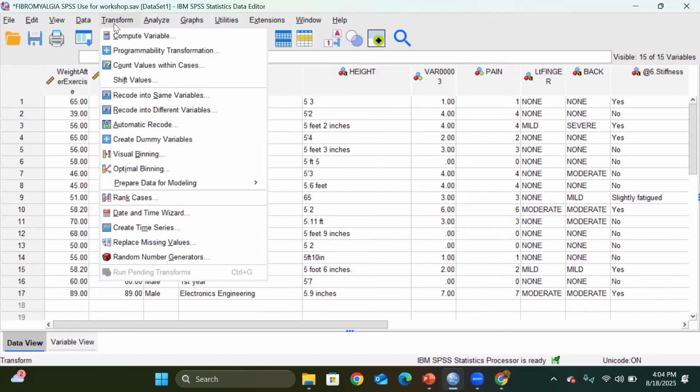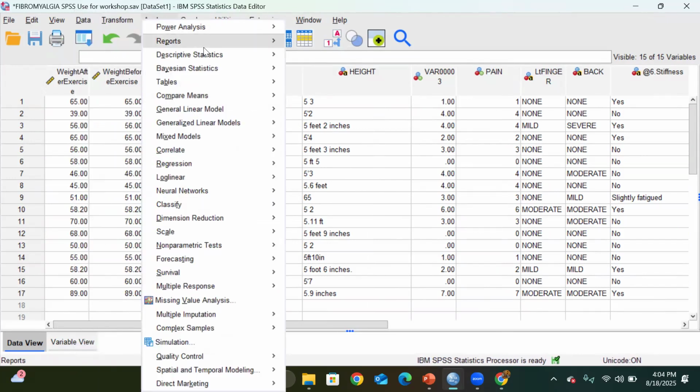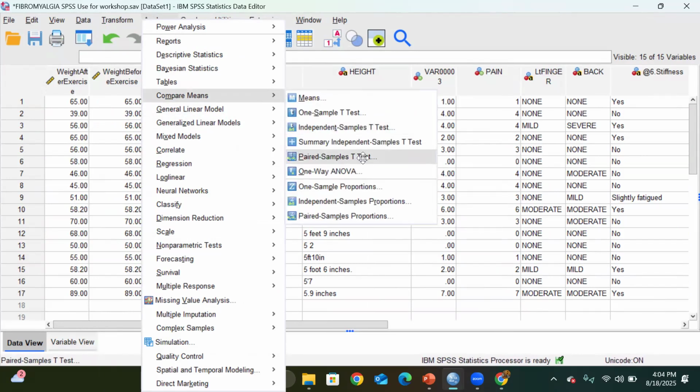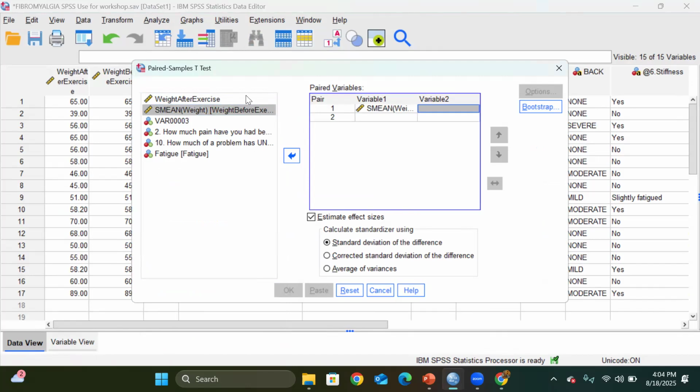I will go into Analyze and choose Compare Means, Paired Samples t-test. It's asking me what is my variable one. I will say my variable one is this one, before exercise, and my variable two is this one, after exercise.